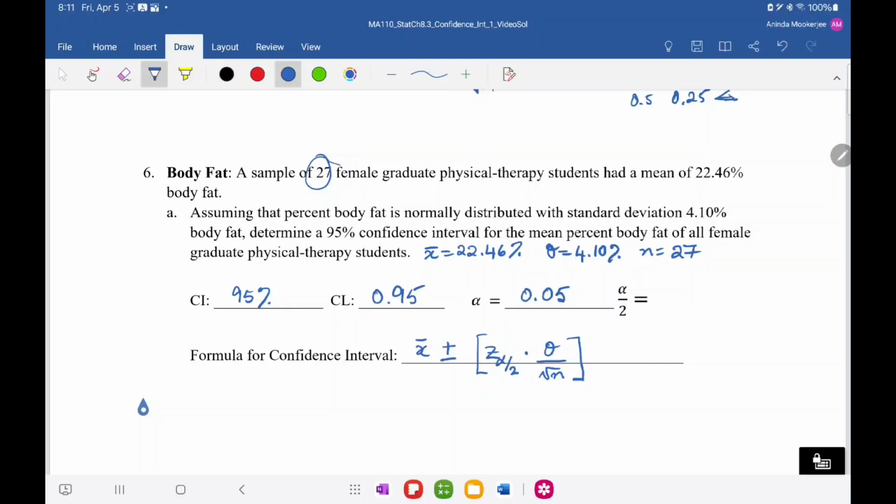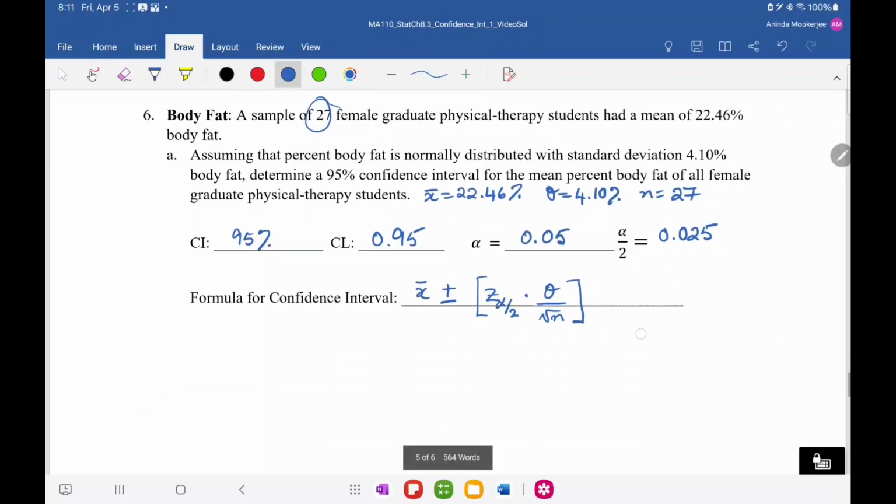And then we have to divide alpha equally into 2 parts, and that's going to be 0.025. And then I'm going to draw a picture here. All right, so here we have our diagram of the normal curve, with X bar at the center, and the sample mean is 22.46%.